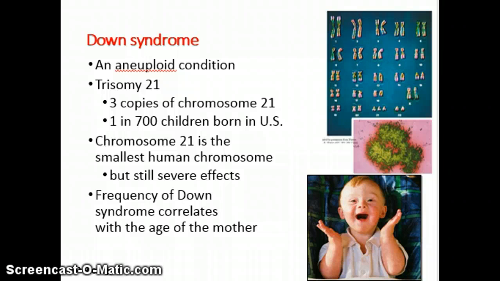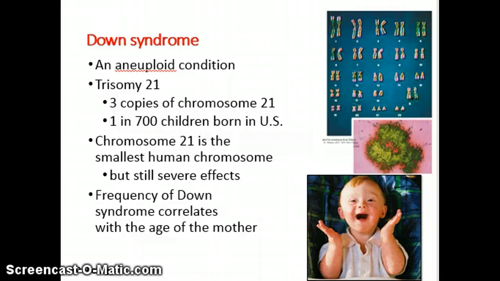And this occurs in 1 in 700 children born in the U.S., and it has very severe effects. In this syndrome, more than 80% of children with this condition die within the first month of birth. But those who don't have to deal with some pretty severe problems like seizures or sleep apnea, deafness, eye abnormalities.